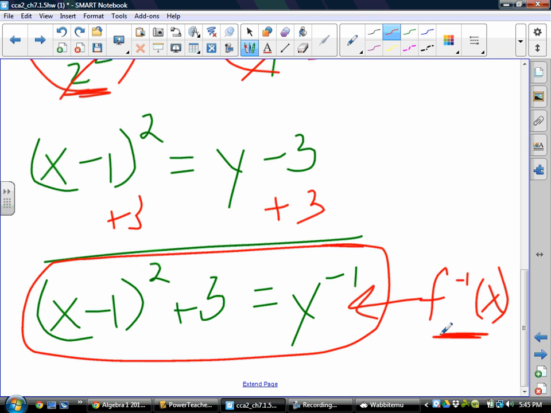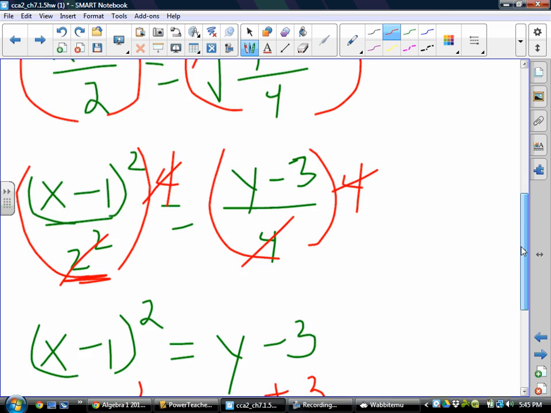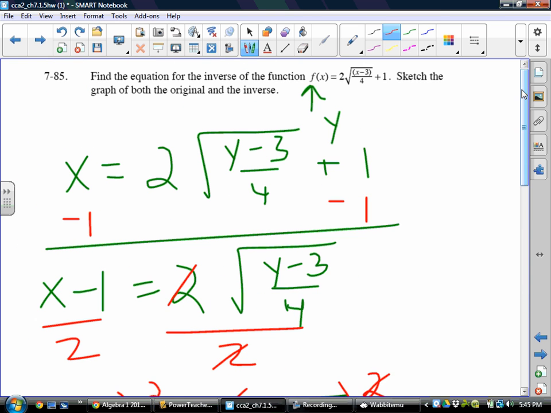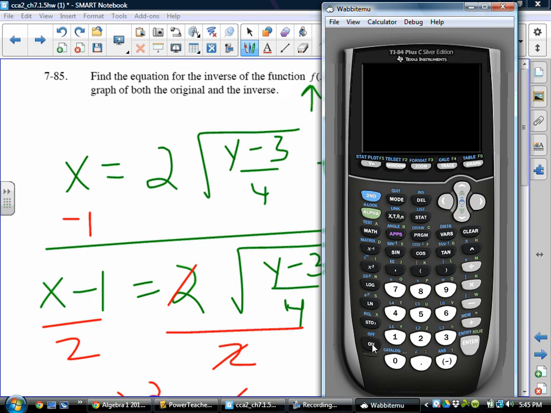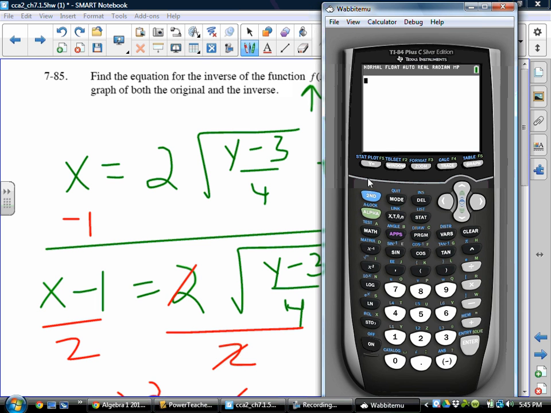Now inverse should be reflected across the line y equals x. So we're going to graph the original in here. Just because it's loading, we are not sitting around doing nothing, calculator.